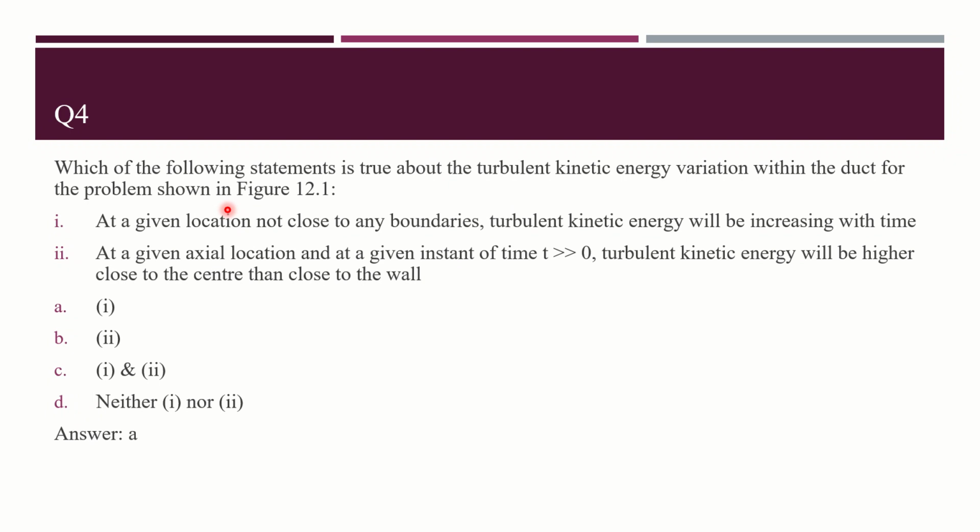The first statement: at a given location not close to any boundaries, turbulent kinetic energy will be increasing with time. And the second statement: at a given axial location at a given instant of time t greater than 0, turbulent kinetic energy will be higher close to the center than close to the wall.